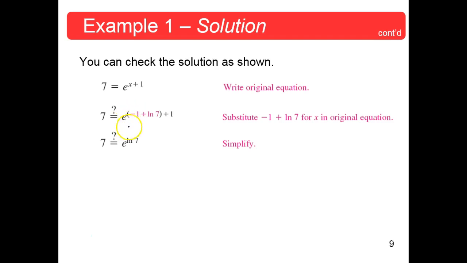I would have interjected this one as e to the minus 1 times e to the log 7 plus 1. And e to the minus 1 is 1 over e plus 7.